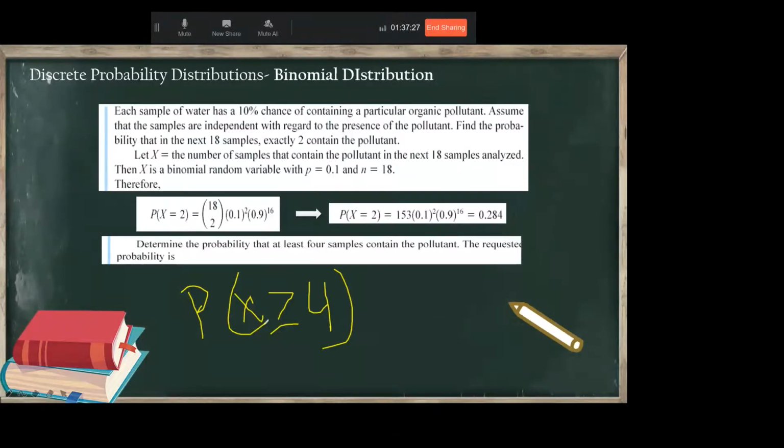Do you know the law of complementary probability? Probability of A, what is the complement? 1 minus probability of A, right?